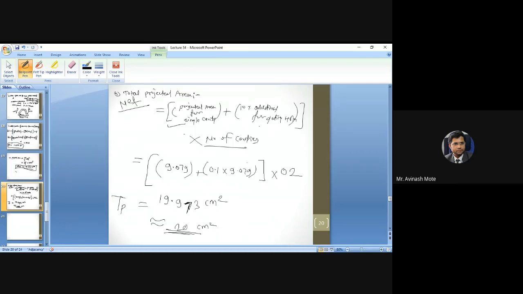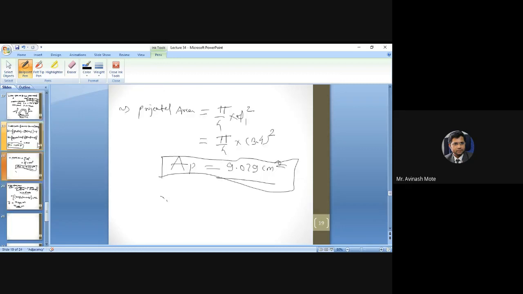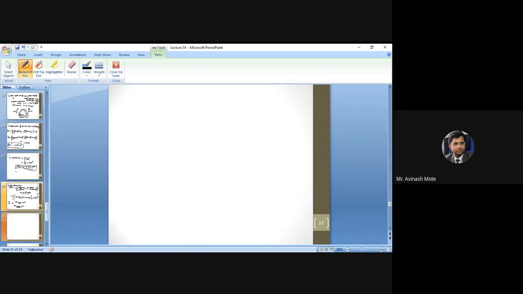Then we multiply by the number of cavities, because a separate gate and separate runner will be there for each cavity. So we are done with the net total projected area for single cavity and the weight of the component.